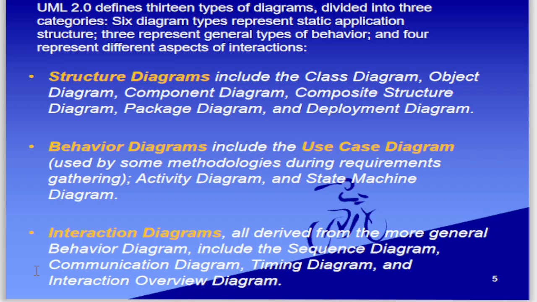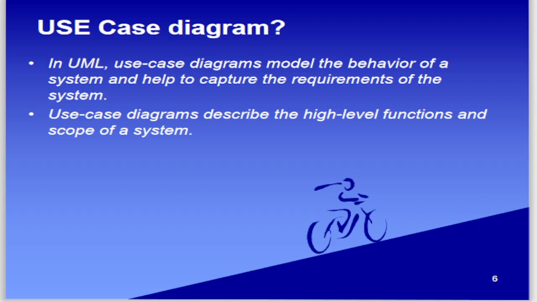In addition, use case diagrams illustrate the context and requirements of either an entire system or an important part of the system. So, use case diagrams model the behavior of a system and help to capture the requirements of the system. Likewise, use case diagrams describe the high-level function and scope of the system.